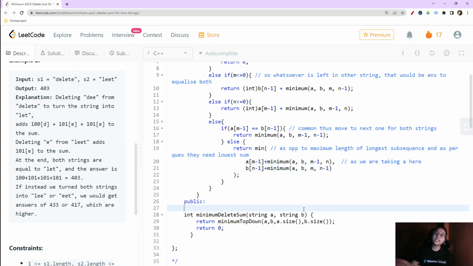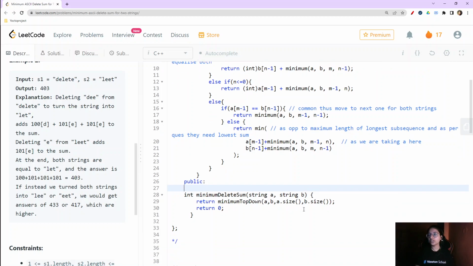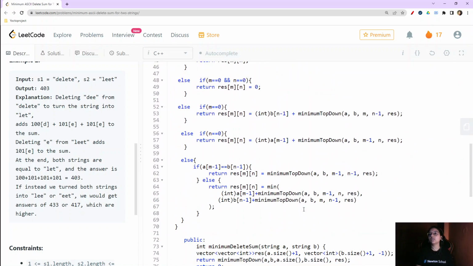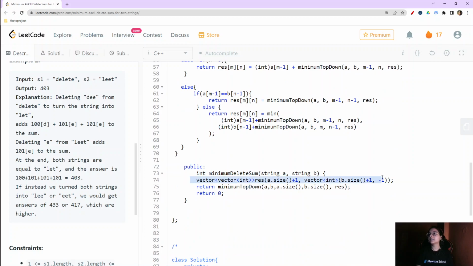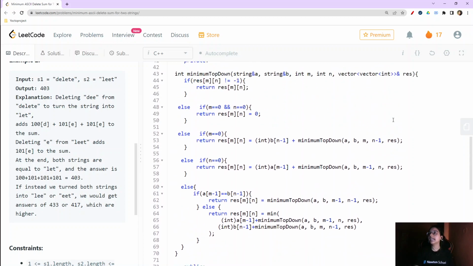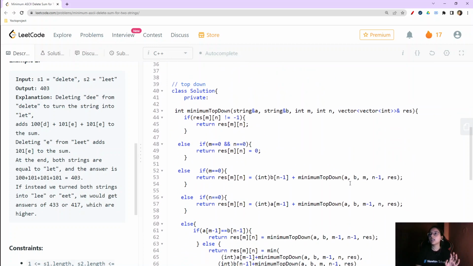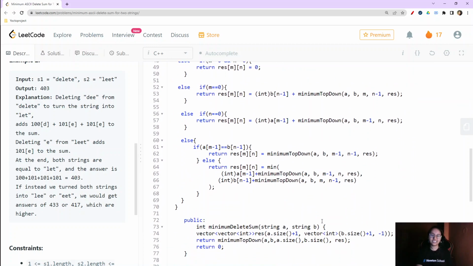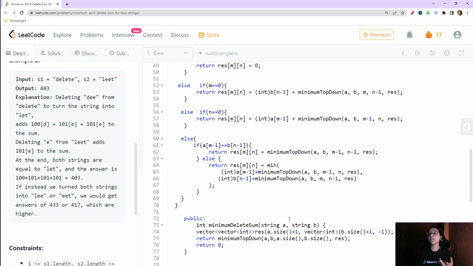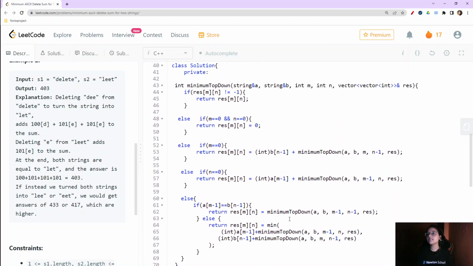Now this whole thing would be done as it is in memoization also. The only thing is that a 2D vector would be added, and the size of this particular vector would be plus 1. Earlier the size was directly as it is, but here we have taken one extra space, to handle our base cases.